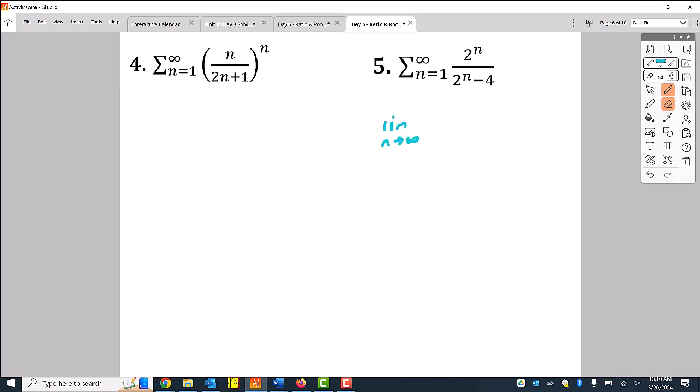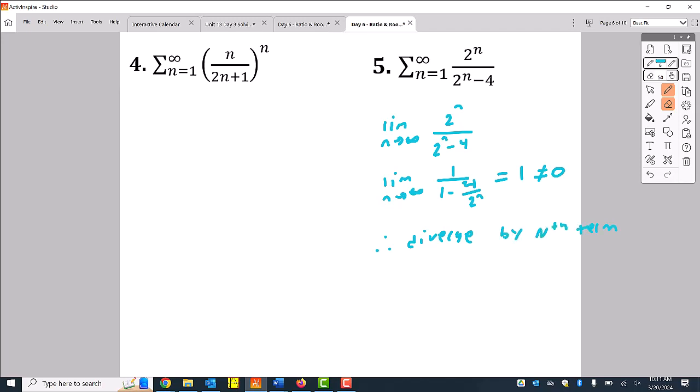Limit as n goes to infinity of 2 to the n over 2 to the n minus 4. If we divide everything by 2 to the n, then all of a sudden, we now have something that as n goes to infinity, it equals 1, which is not 0, which means it's going to diverge by the nth term test.